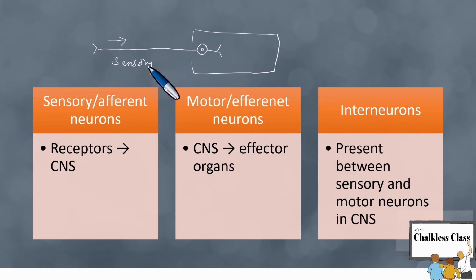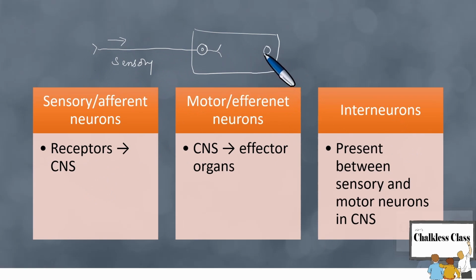So, these sensory neurons or afferent neurons receive the impulses from receptors and supply them to the central nervous system. You see this diagram. In this one, dendritic branches are very long, the axonic branch is short. And next one, motor neuron, let us see. Motor neuron is also called efferent neuron.